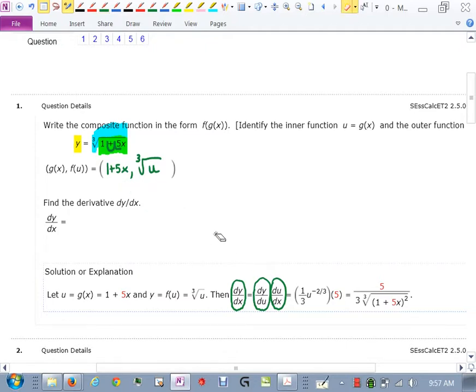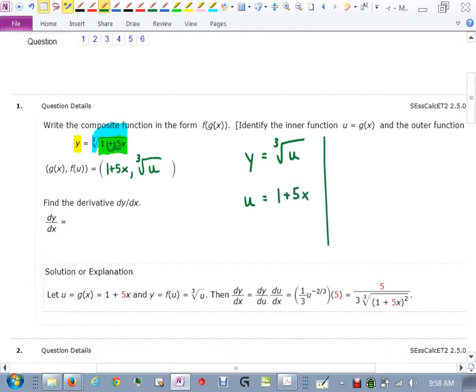Now, here's how I do it. What I do is I say, okay, look, our y is the cube root of something, which I'm going to call u. And then the u is some function inside, which is just 1 plus 5x. And then what I do is I create a table, and I take the derivative of each of these. So on the top one, I can take the derivative of y with respect to u because u is the variable.